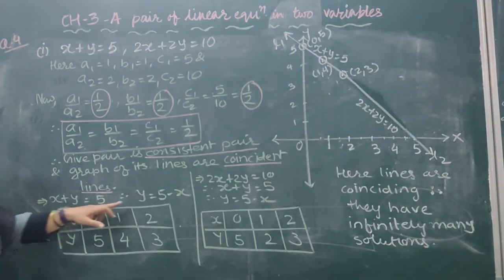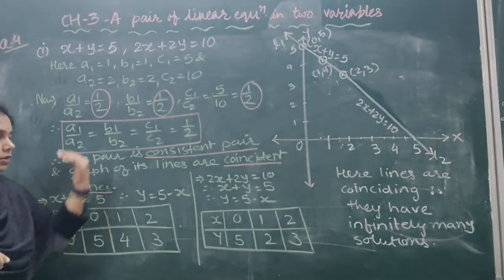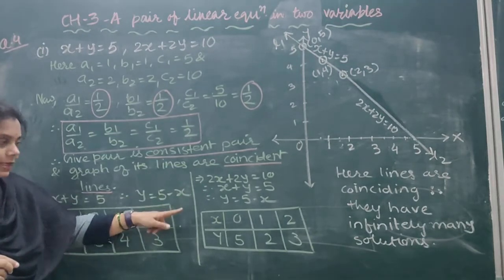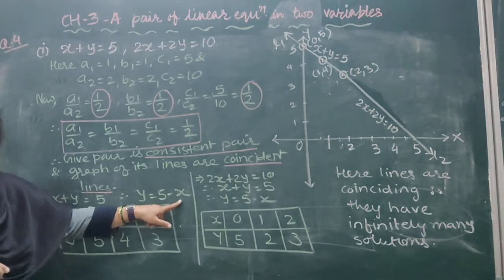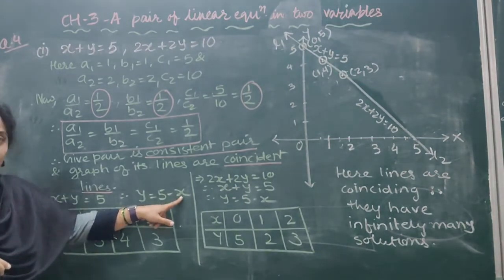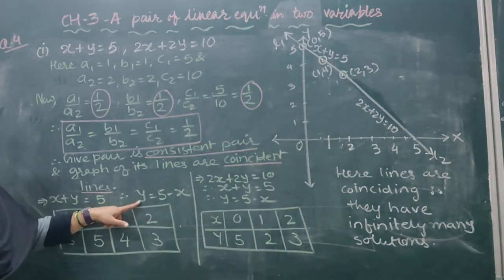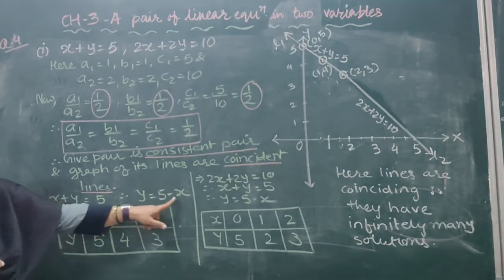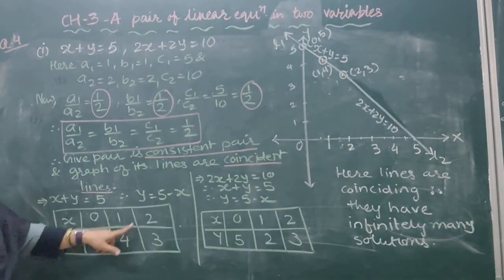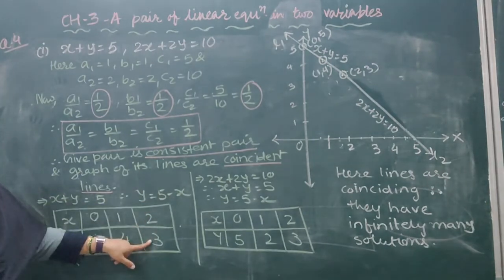Any one variable you can take on the left hand side and move the other to the right hand side. So if I take y is equal to 5 minus x, now I will put a value of x, and accordingly I will get a value of y. If I put x is equal to 0, y is equal to 5, x is equal to 1, y is equal to 4, and x is equal to 2, y is equal to 3.